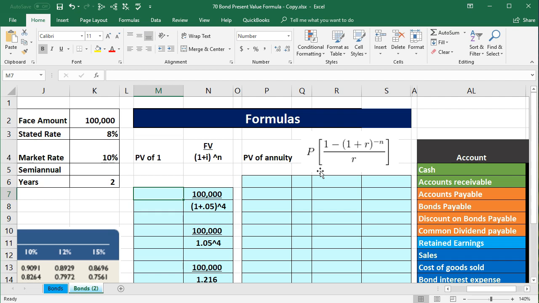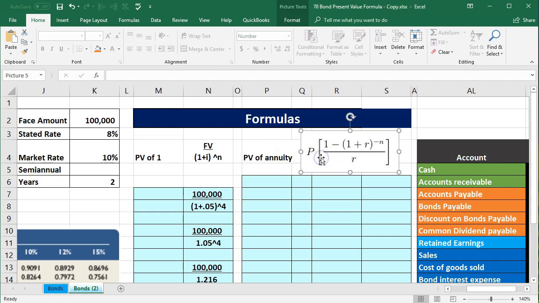So instead of us present valuing each one of those, 1 year out, 2 years out, using this formula for year 1, then year 2, or period 1, 6 months, period 2, period 3, period 4, that would be tedious. We're going to use this formula, which is a little uglier, but it will do the whole calculation at one time rather than us breaking it out.